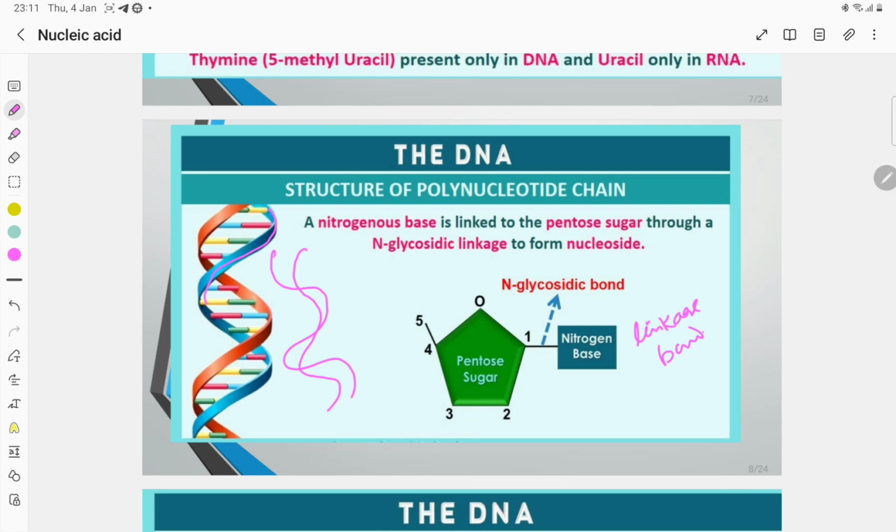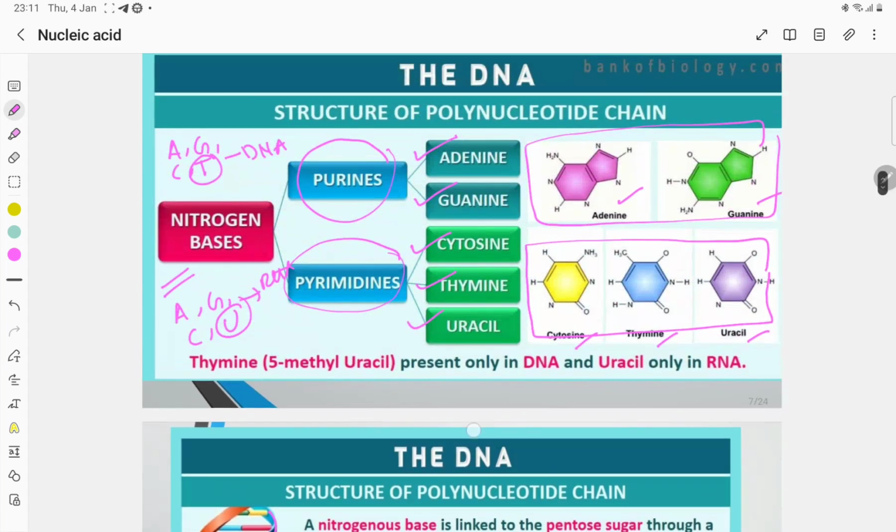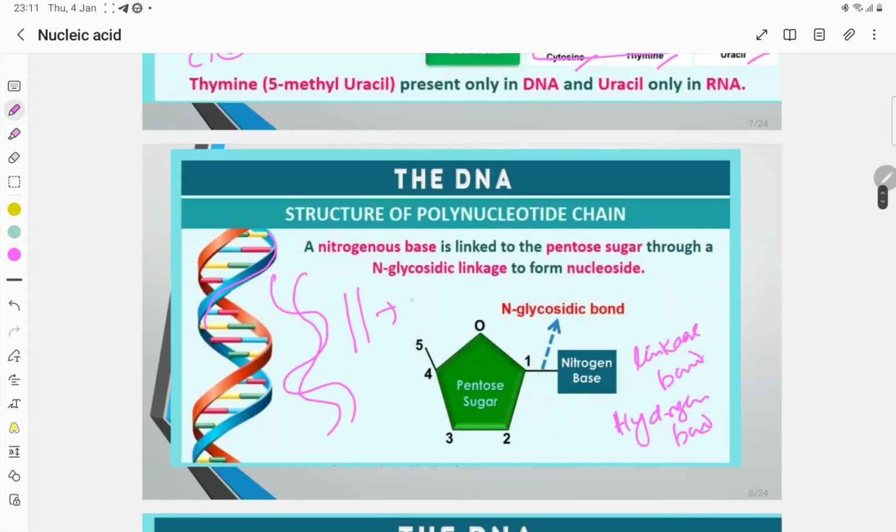The type of bond which causes the two polynucleotide chains to come close to each other is the hydrogen bond. Remember that, hydrogen bond. Initially there are two chains of nucleotides, but due to the hydrogen bond they coil around each other like this.